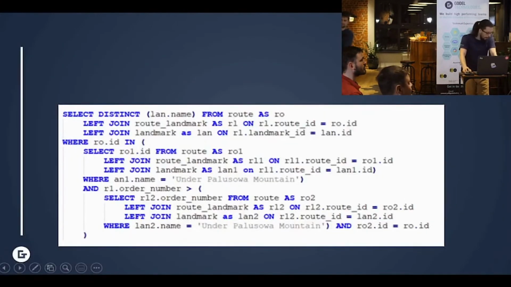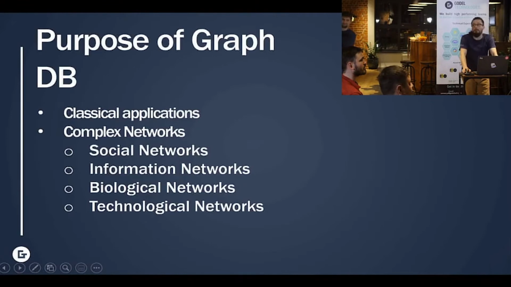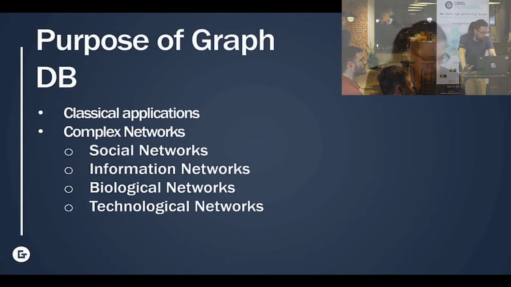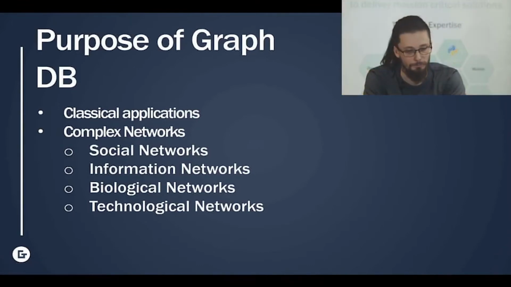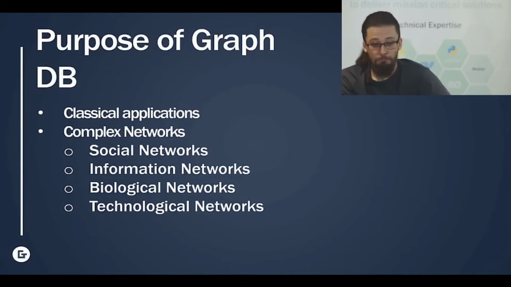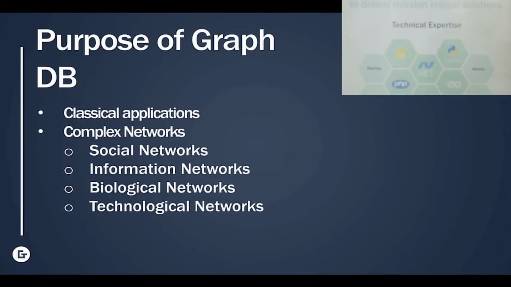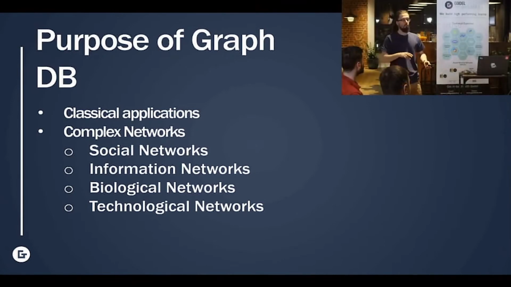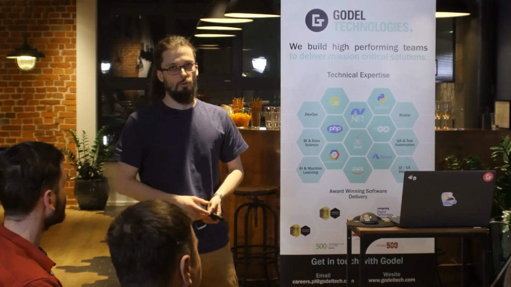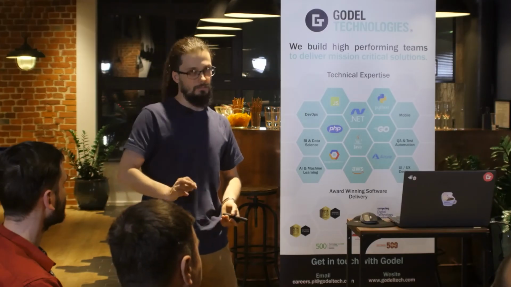Okay, so to sum up a bit, what exactly is the purpose of graph databases? We can use them in classical applications, so all the applications where we use relational databases or MongoDB or other document ones. But they shine really bright in complex networks.